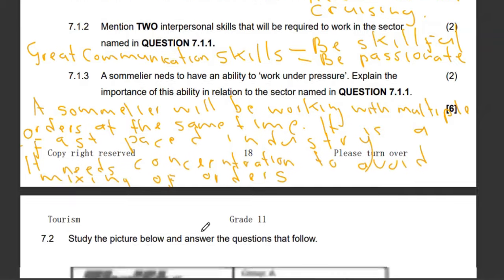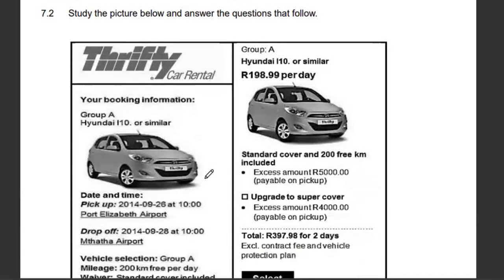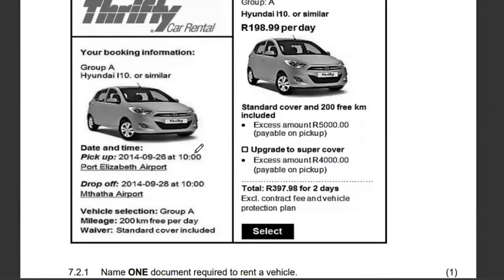So 7.2, study the picture below and answer the questions that follow. There's Thrifty car rental, your booking information, Hyundai i10 or similar. Pick up date and time, pickup 26 September 2014 at Port Elizabeth, drop off at Mthatha. The vehicle selection group A, mileage 200 kilometers free per day.